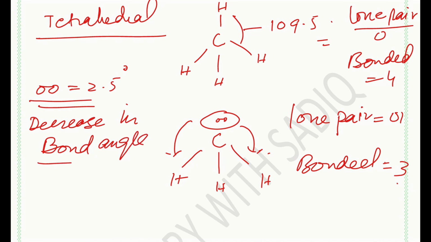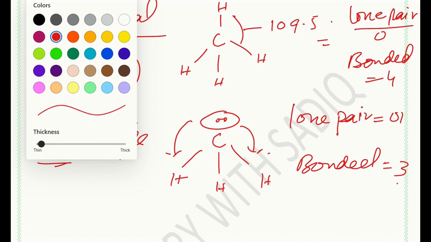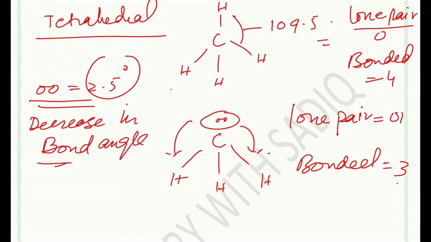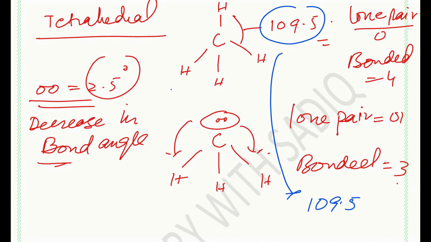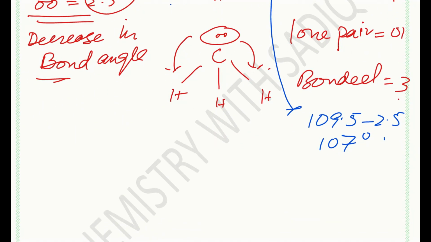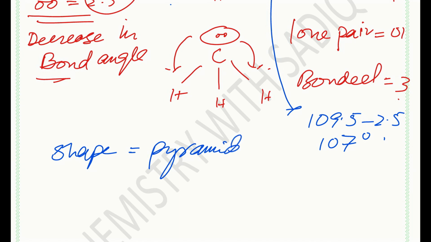The original bond angle, which you can see here, is 109.5. It will be reduced to 109.5 minus 2.5, so you will get 107 degrees. The name of the shape is now changed, and it is called pyramidal, and the bond angle has changed to this.